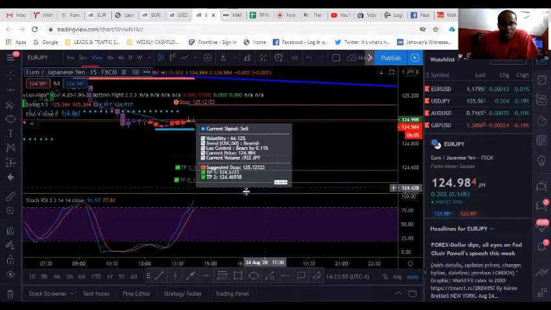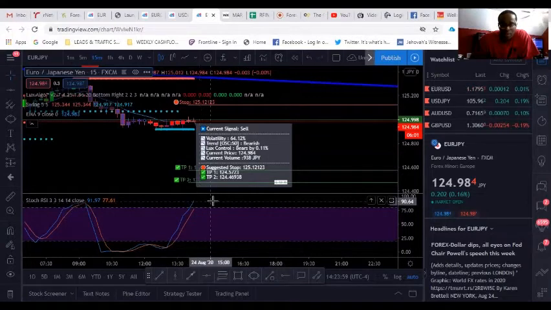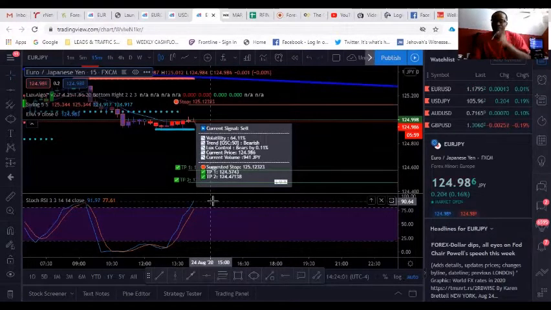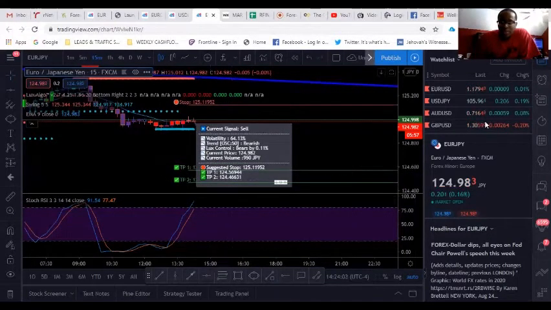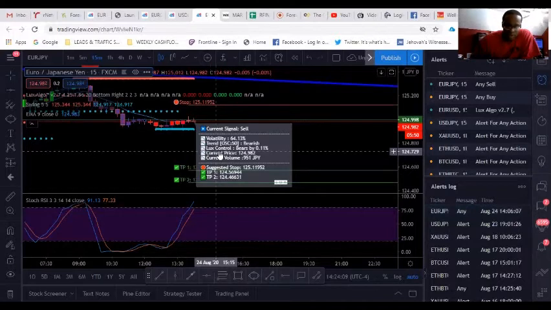We pretty much know, because price is overbought at this point. It's all the way at the top. All right. So once this alerts me, lets me know, hey, you're on any sell, then I'm going to jump in.